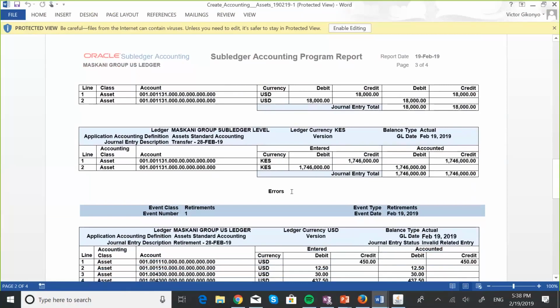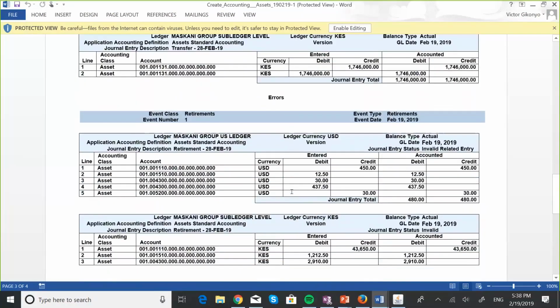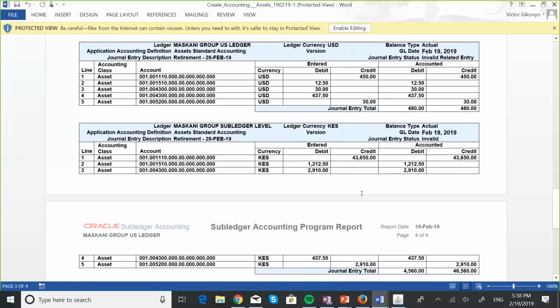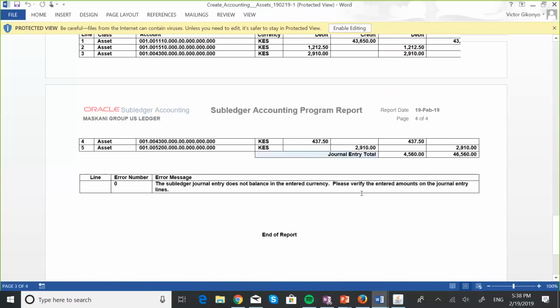It has errors. So here is the cost of removal. Error.